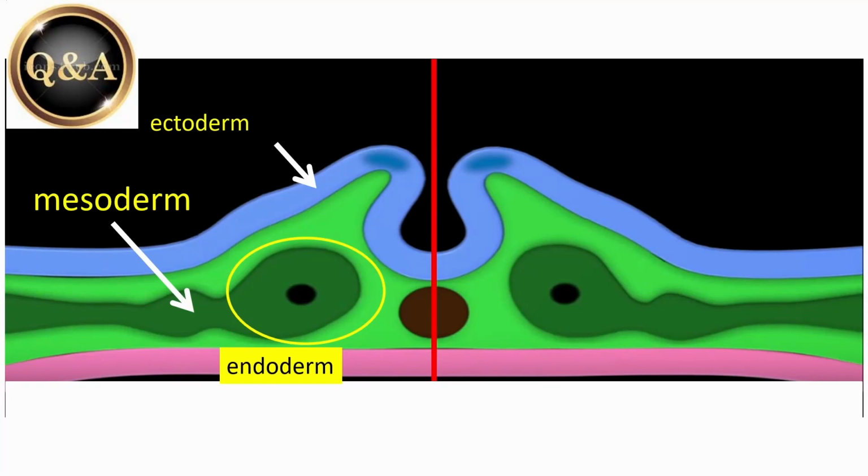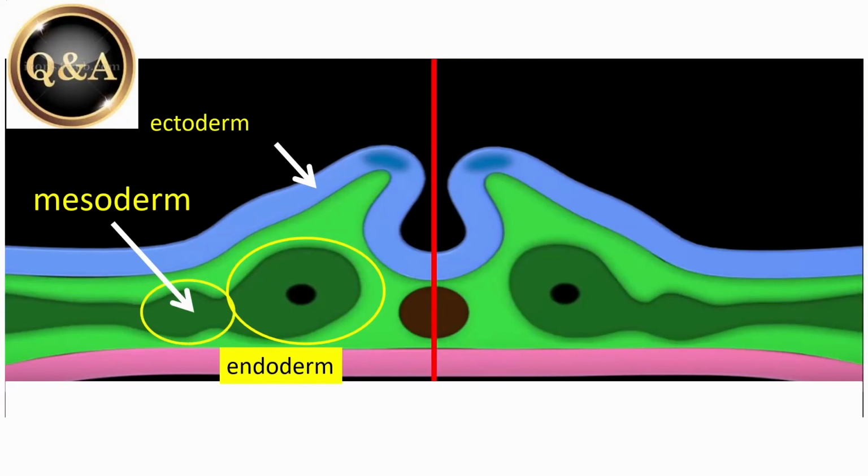Now, this mesoderm, the green zone, is going to be segmented into three areas. This area inside this oval shape is near to the midline, therefore it is called around the midline. The term is para-axial. Axial means the midline and para means around.